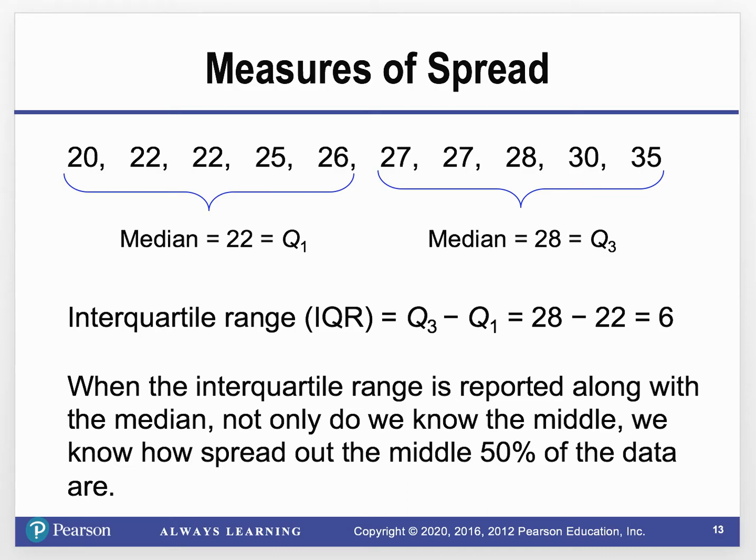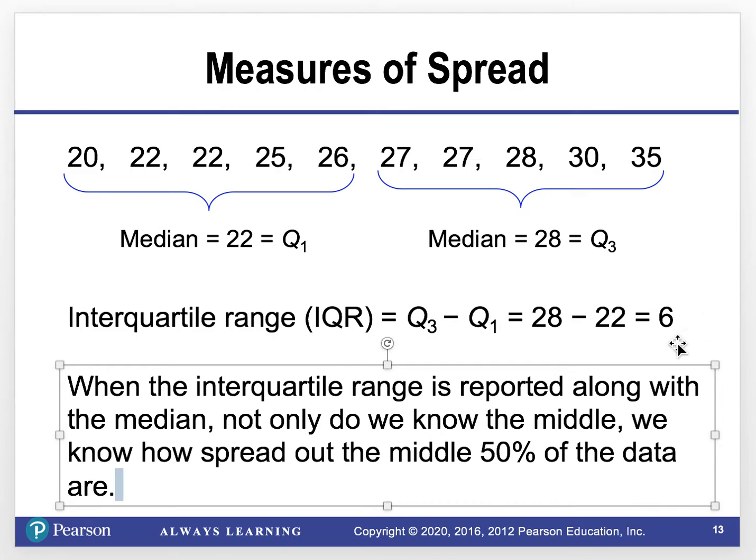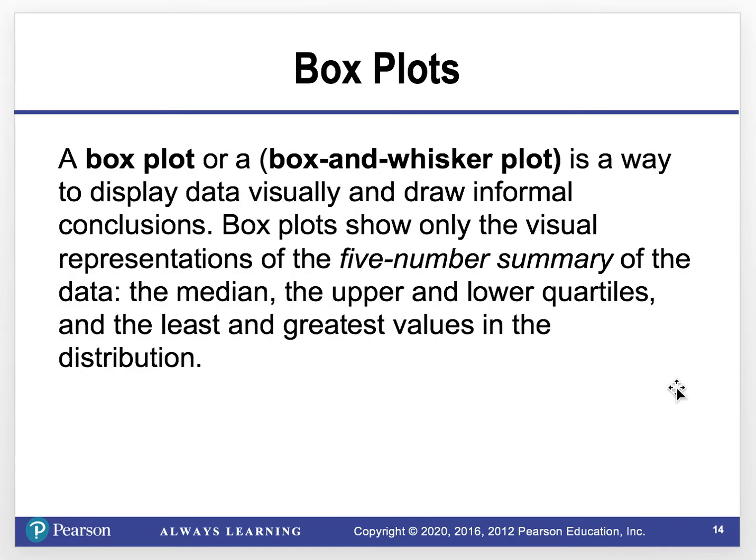All right, so that's one measure of spread. We could just do the range, the highest from the lowest, or I could find this middle half, how spread out the middle half is, the interquartile range. And I could draw a box plot with that.